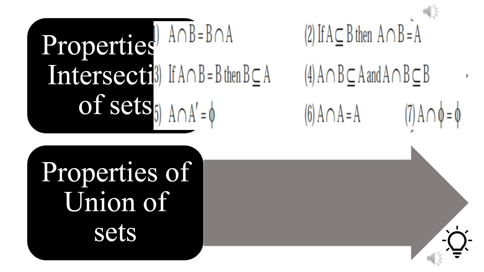Then A intersection complement of A always gives a null set or phi because there will be no element common. Sixth one, A intersection A is equal to A because it will have the same elements. Seventh one, A intersection null set or phi will give you an empty or null set.